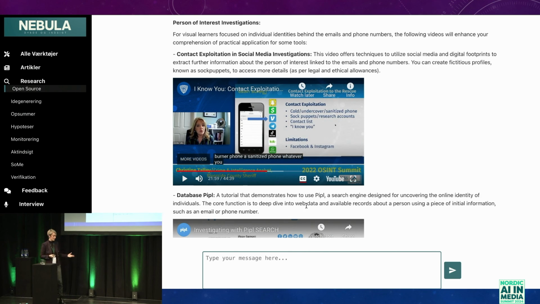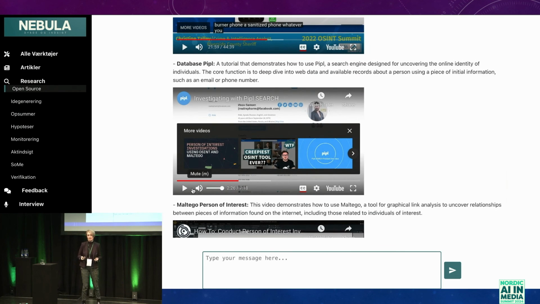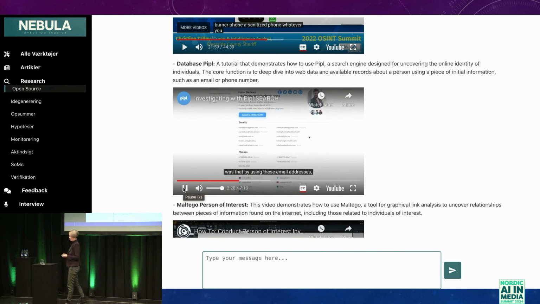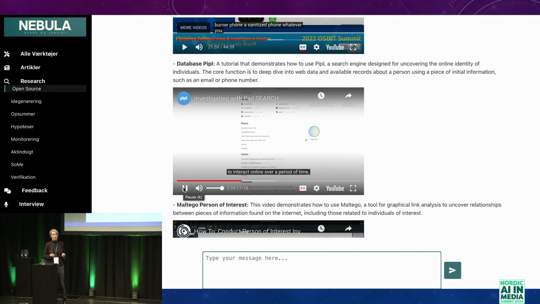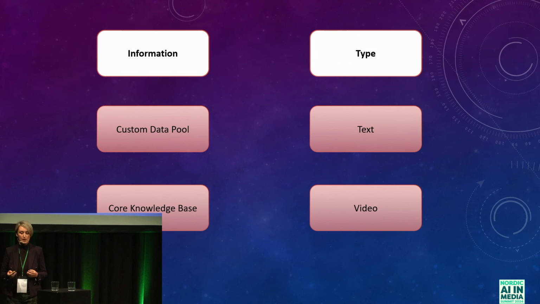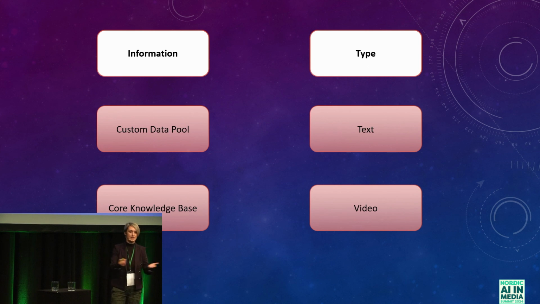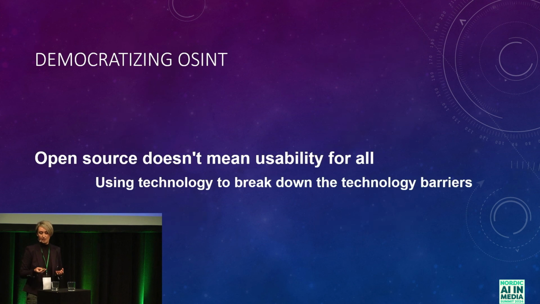This video is something I have selected, explaining the methodology and the tooling in use, all of which are already validated and ready to go. From this, you can sense that Nebula has a custom data pool that I have inserted into it. This is the place that it looks first, and then it also takes advantage of the knowledge within its core base. The output was text-based, and a video that you can get out.